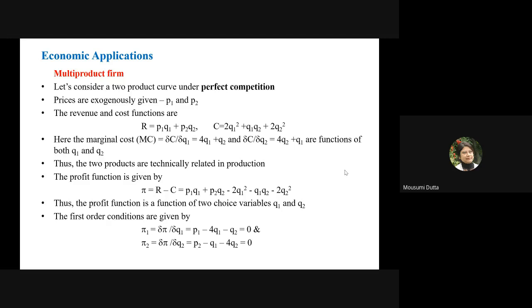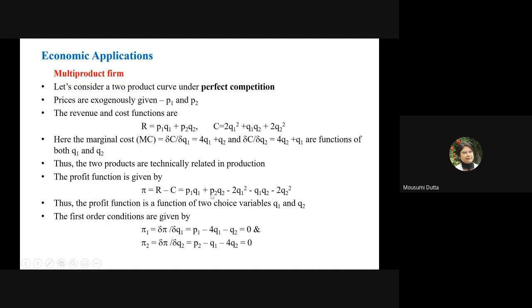Next, we are considering the typical profit equation. Profit equation, as you know, is total revenue minus total cost. So simply I am putting the revenue function P1 Q1 plus P2 Q2, and the total cost function is given by this, so minus 2Q1 square minus Q1 Q2 minus 2Q2 square.